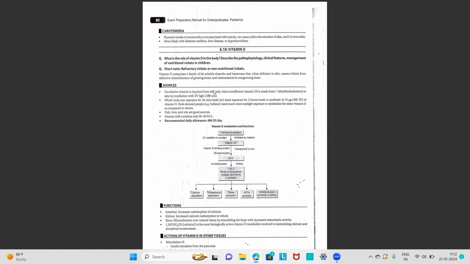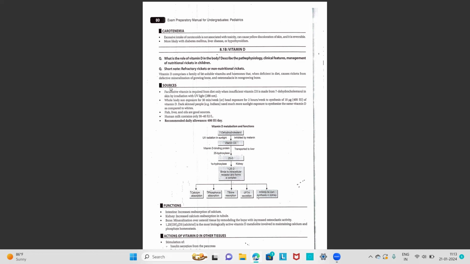This is the introduction for vitamin D. It is a fat-soluble vitamin, and it also acts as a hormone. When it is deficient in the diet, it causes rickets in children, that is defective mineralization of the bone, and also osteomalacia, that is softening of the bone in adults.